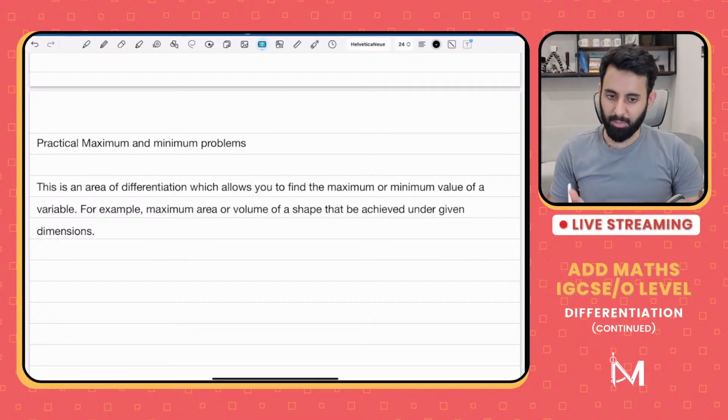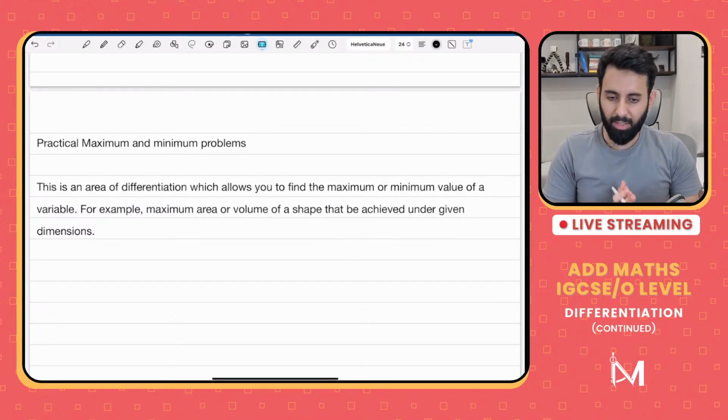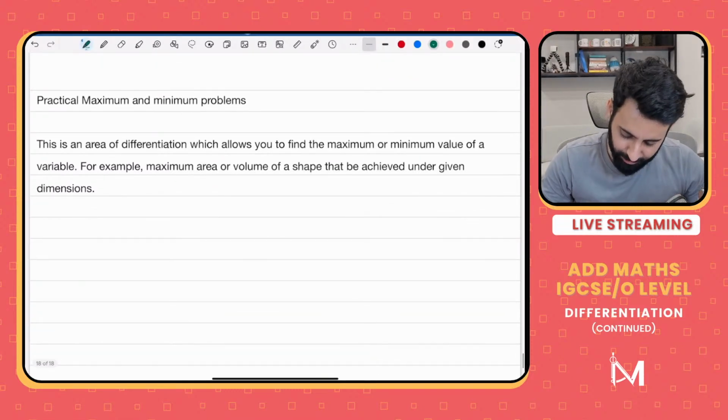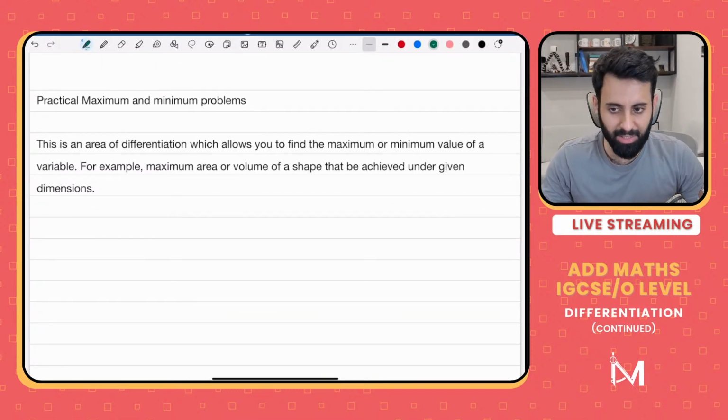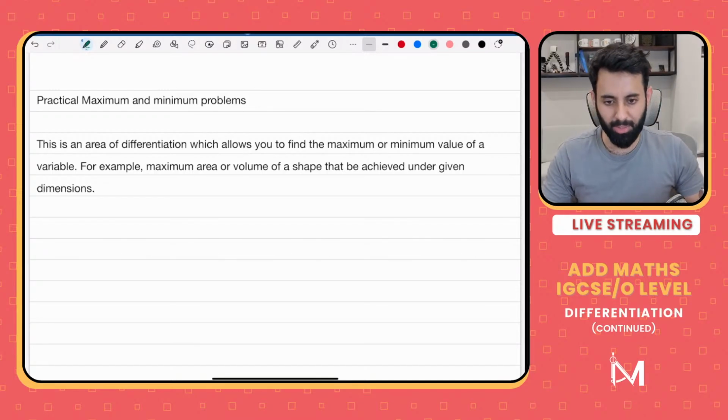Then the question will ask you to find the stationary value of volume or area, depending on the question. They are very, very standard questions. If you solve enough questions, you will reach a point where you can solve the first part and anticipate what the following part is going to ask.